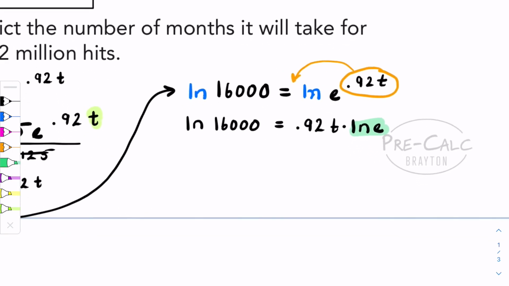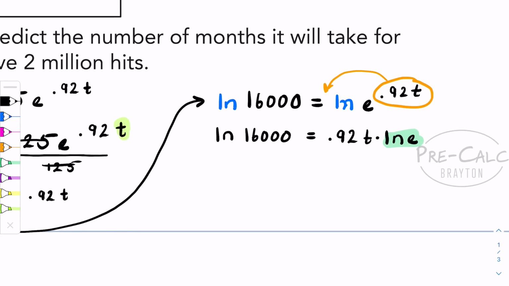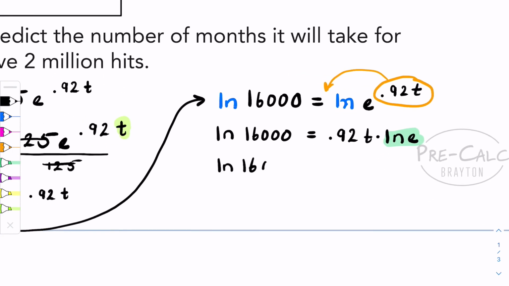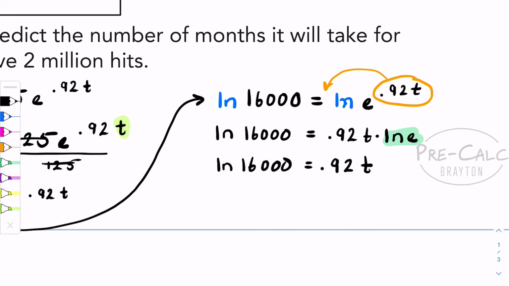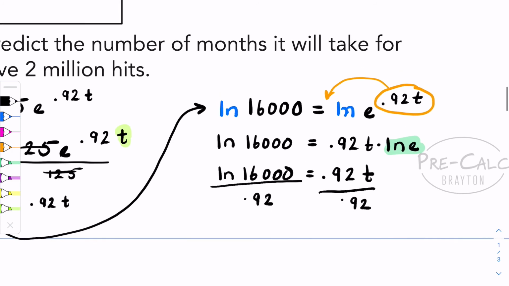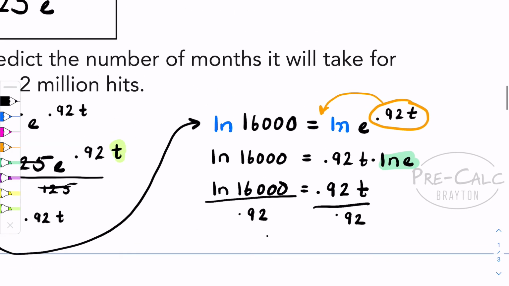That means log base e of e is equal to 1, leaving us with ln of 16,000 is equal to 0.92 times t multiplied by 1, which I don't need to write. In order to solve for t, I'm going to divide both sides by 0.92. And in my calculator, I'm going to type in ln of 16,000 divided by 0.92, and I'm going to end up with an approximate value of 10.52.